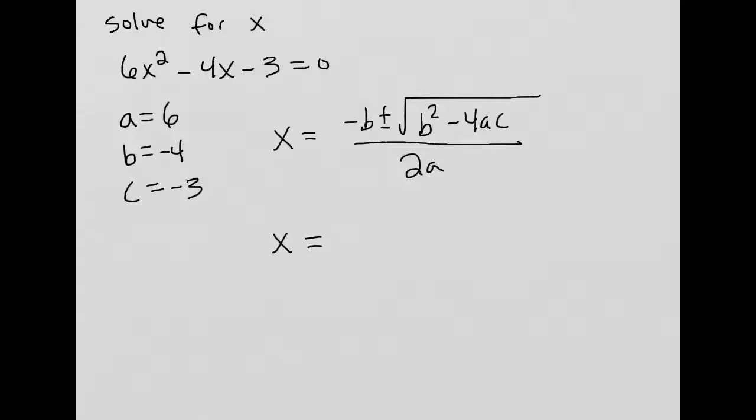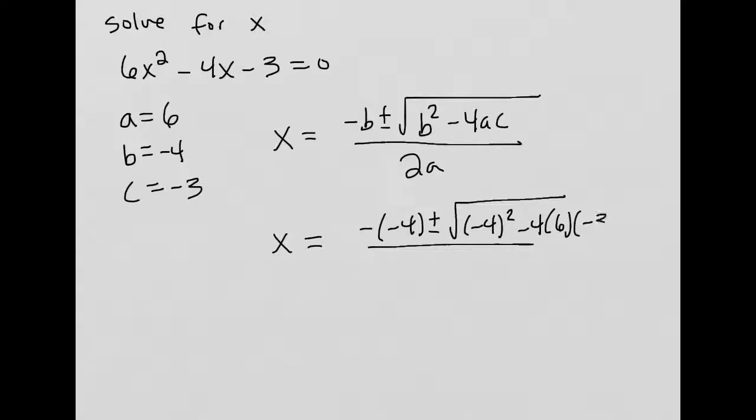So if we plug in our values, we've got the opposite of -4 plus or minus the square root of -4 squared minus 4 times A times C, and then all over 2 times A.